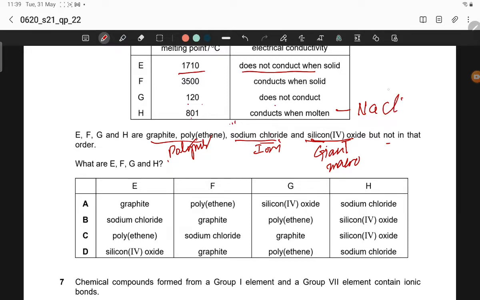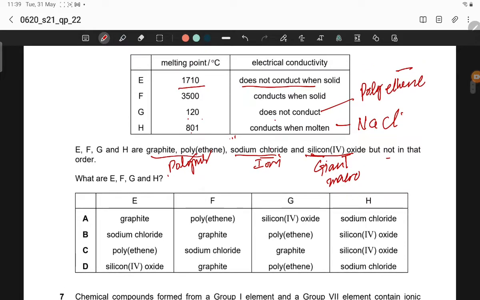Does not conduct electricity: this could be the polymer polythene. 3500 degrees centigrade, conducts when solid: this could be graphite.